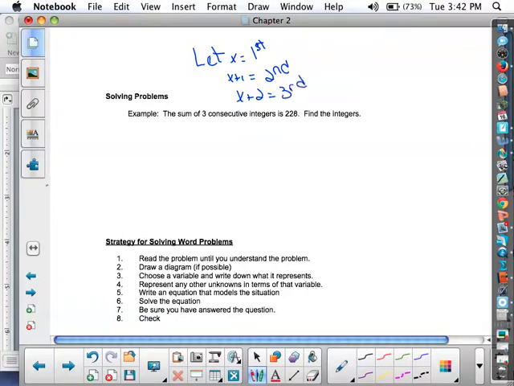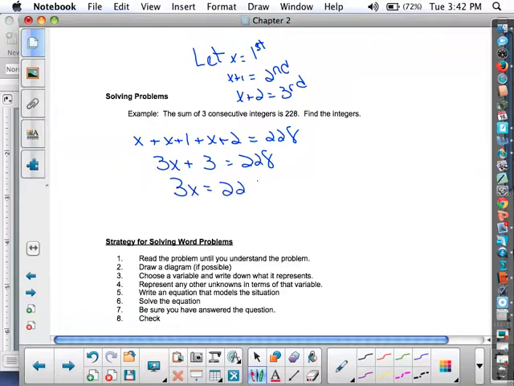So my equation will be x plus x plus 1 plus x plus 2 is equal to 228. Add the like terms, 3x plus 3 equals 228. Subtract the 3 from both sides, so 3x is equal to 225. Divide by 3, so x is equal to 75.